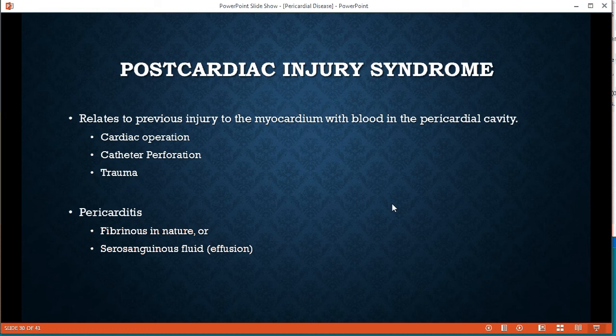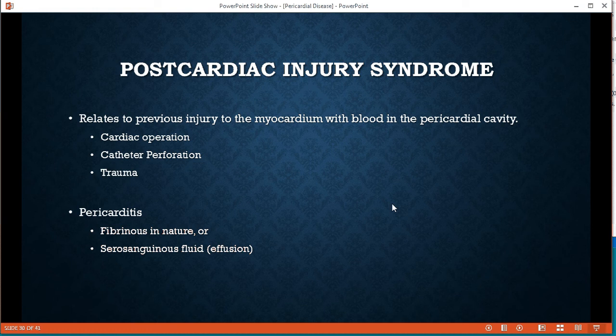Post-cardiac injury syndrome, and this just relates to your patients who have post-cardiac surgery or trauma. So this is the patient who, from a traumatic standpoint, smacked their chest up against the steering wheel with a frontal collision. Now, I'll tell you, if somebody has a frontal collision, we're not talking about trauma right now, but they're going to have many other injuries associated with that, multiple system injuries.